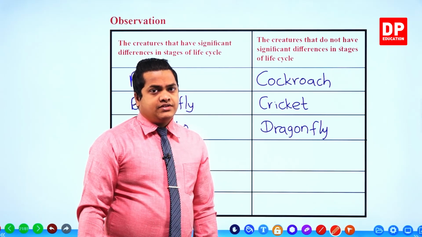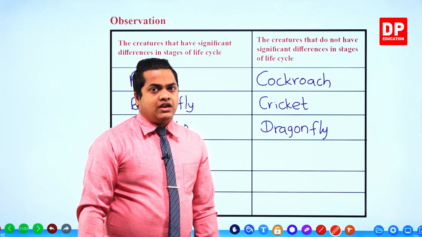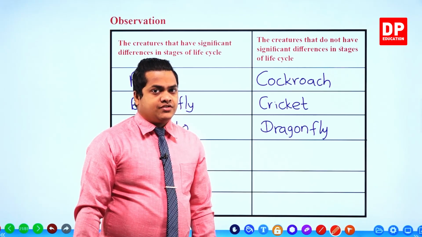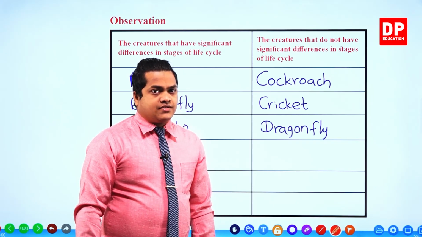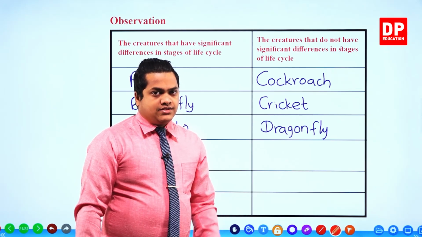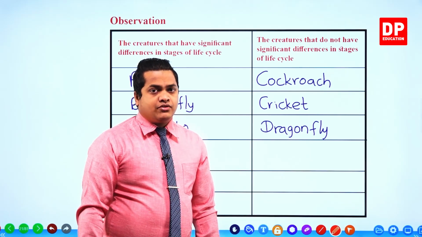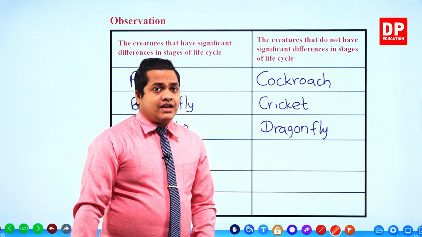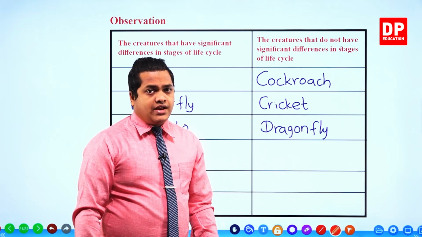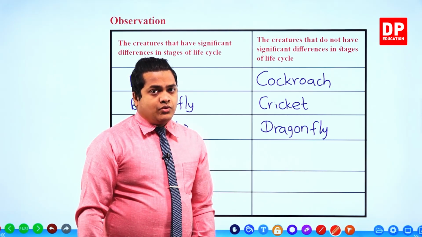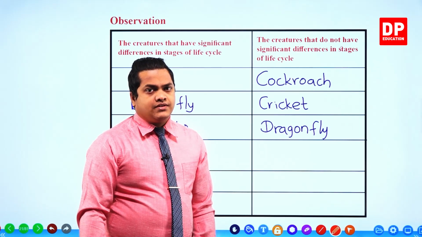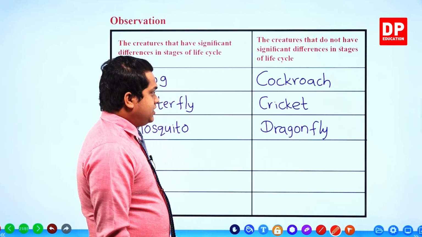They do not have any significant changes within their life cycle. Okay, they do not have significant changes. If you take the structures of these animals, they are somewhat similar to the adult, not exactly, but we can say that 90% of these features can also be observed in the adult as well. So they do not have significant changes within the stages of their life cycle. Okay, my dear children, right?